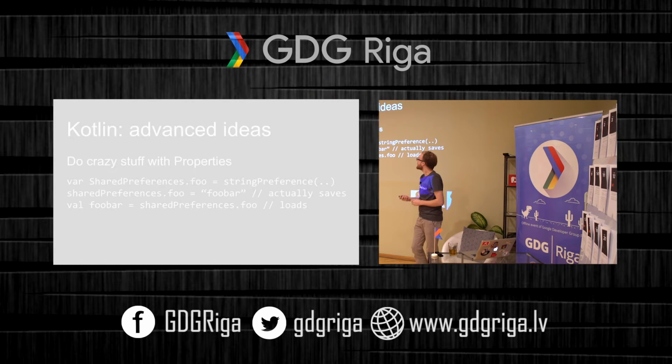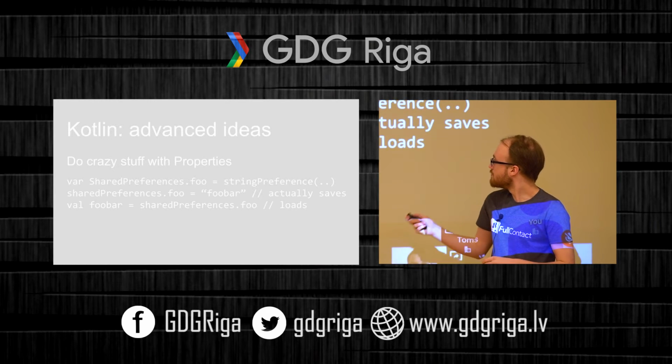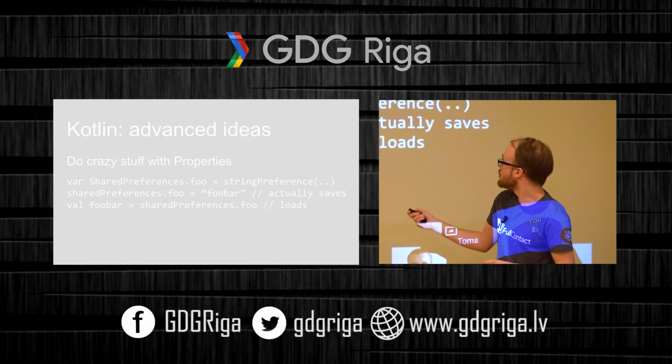There are some advanced ideas with properties and property delegates. That's some fun stuff. Sergey's already mentioned lazy and observable delegates, where you define a variable and this should be by, not an equals sign.